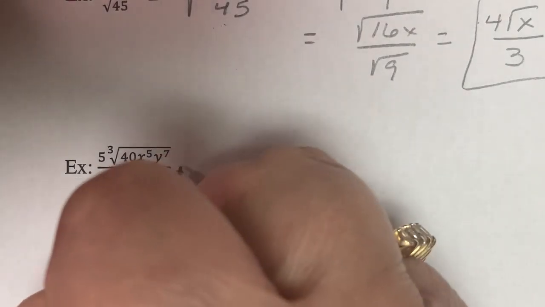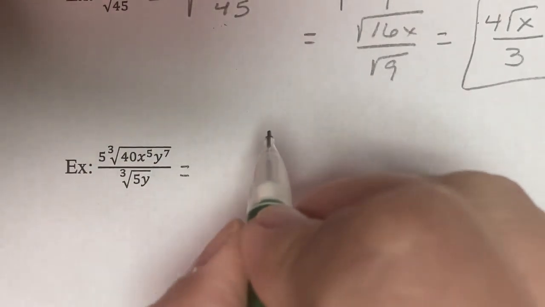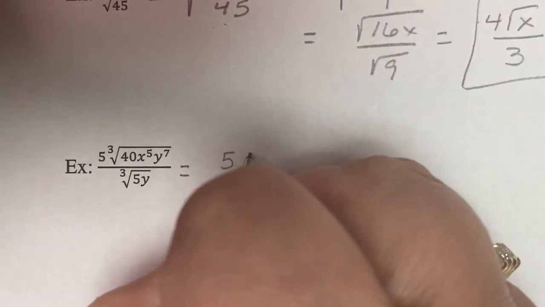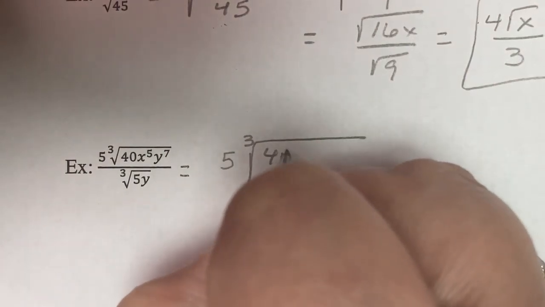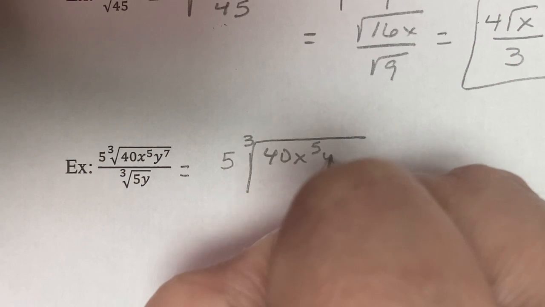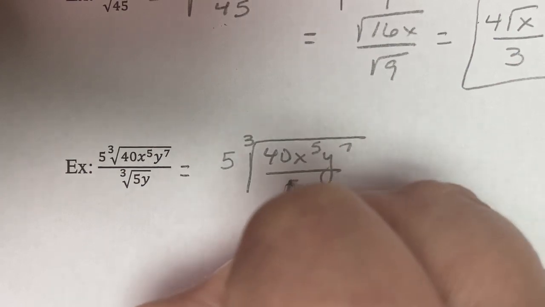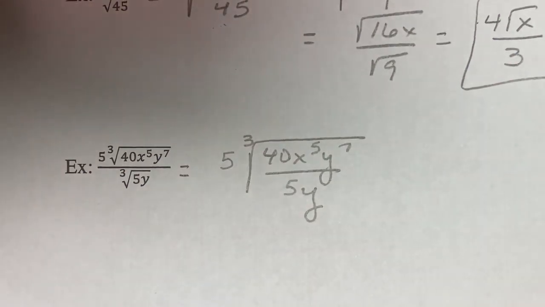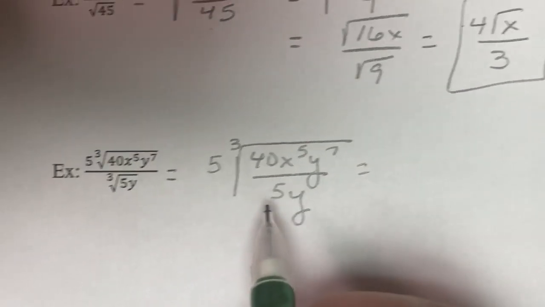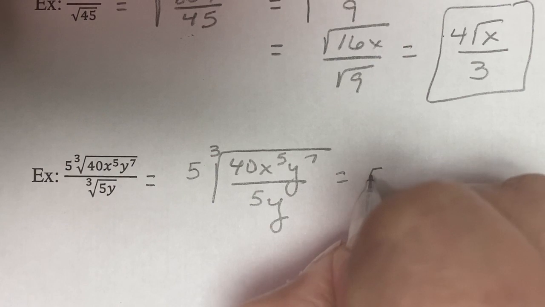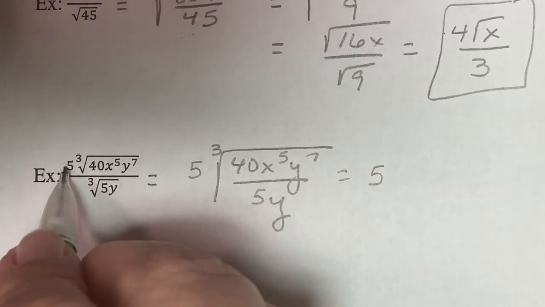Let's do the same thing here. We're just going to work our way across. So this would be 5 times the cube root of 40 x to the 5th, y to the 7th over 5y. So now we can go ahead and reduce inside this radical. There's still the 5 left in front.